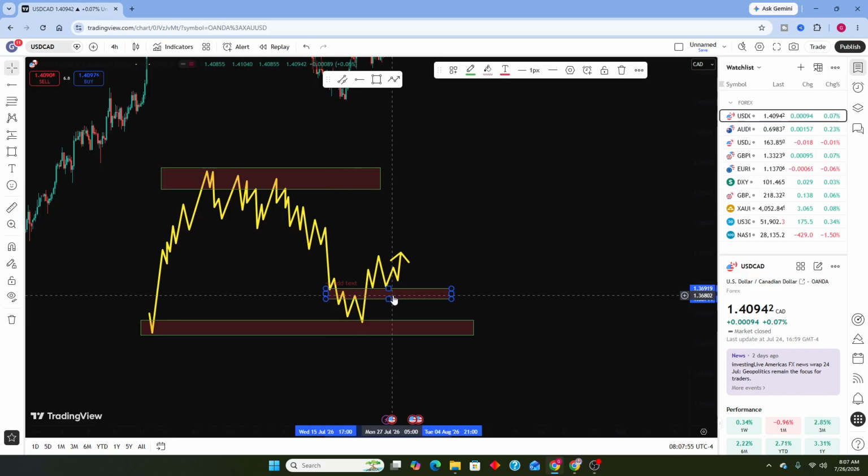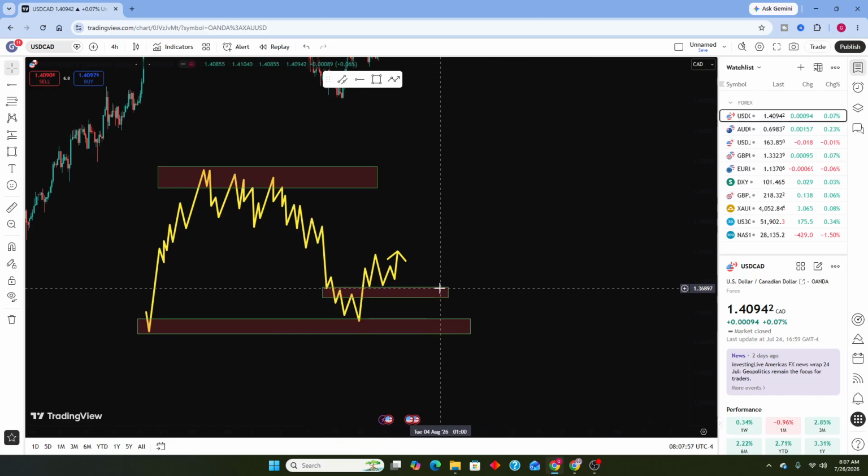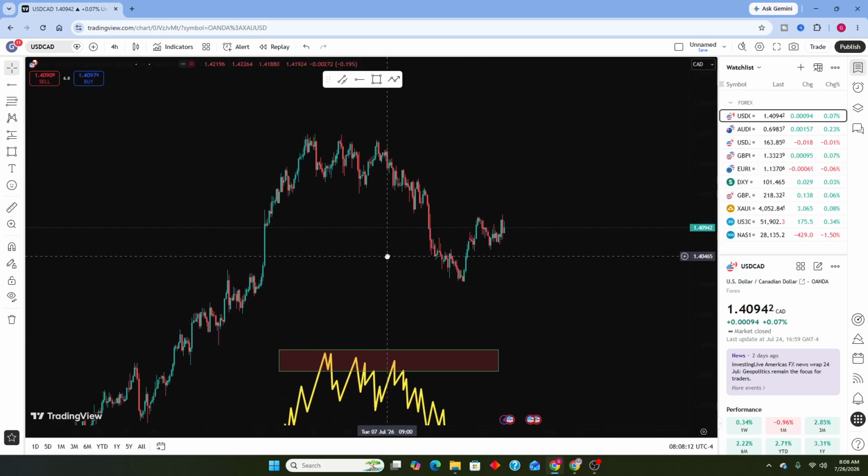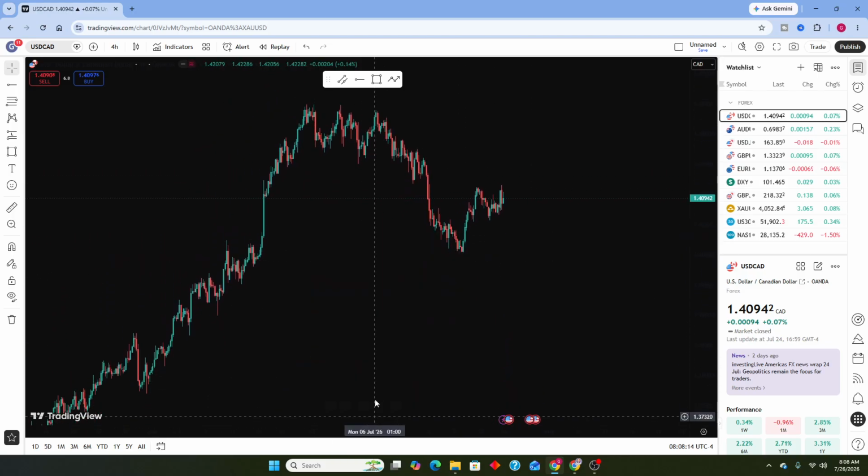Somewhere in here lines up with all of these. And with that being said, we should break these highs and keep going up. That's what it should look like, right? Let's bring that to the chart. We just marked it out.